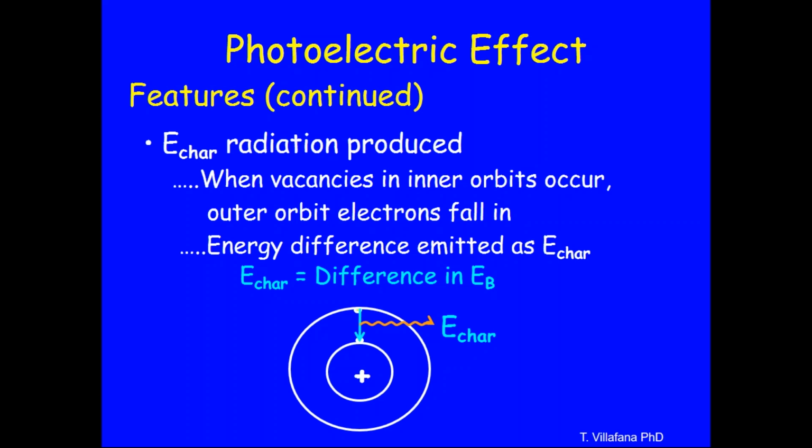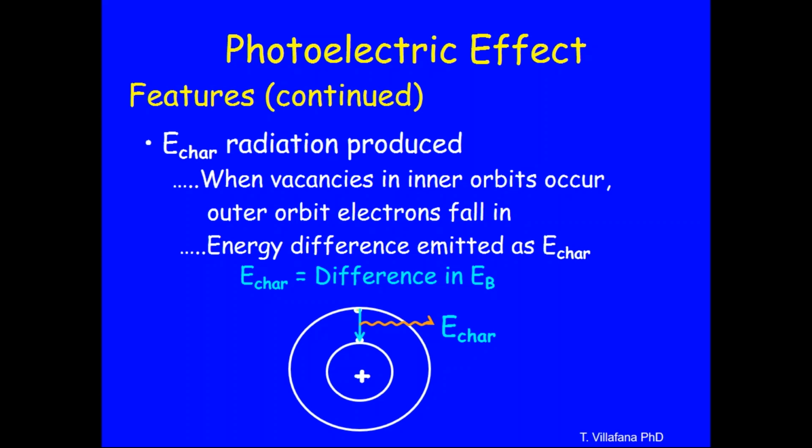And what happened subsequent to the creation of a vacancy? Other electrons from higher up in the atom, in higher orbits, fell into the vacancies in the lower orbits and gave up the difference in binding energies in the form of characteristic radiation.